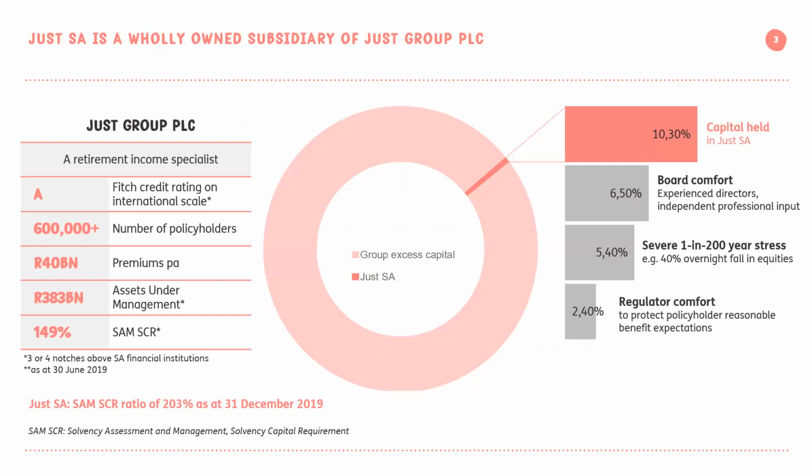And in terms of our own risk and solvency assessment, we hold more than sufficient capital to back not only what the regulator requires, but also for the 1 in 200 stress events, should there be some kind of event like what's happened this year, for example, COVID, where we hold additional capital to back those kind of stress test events.